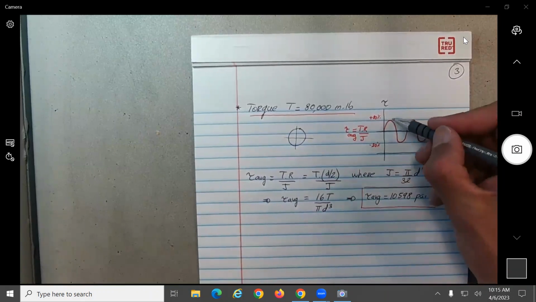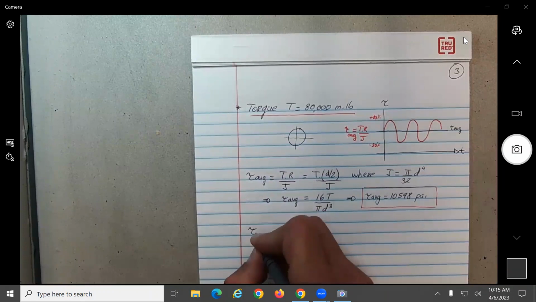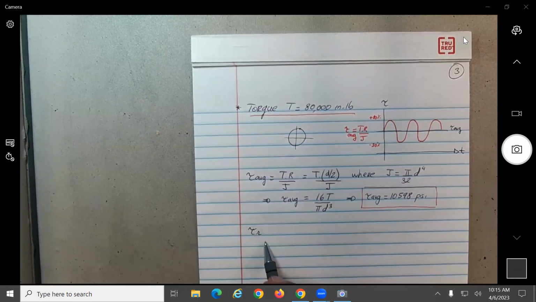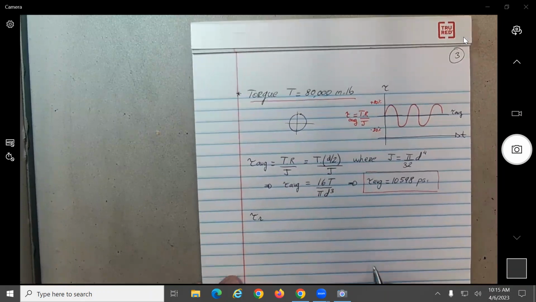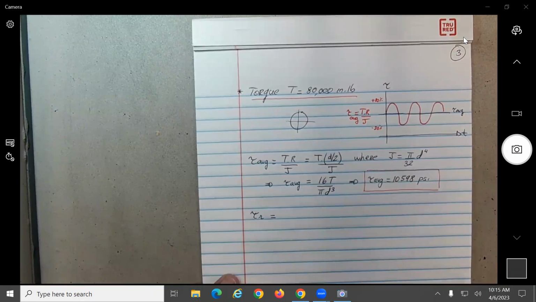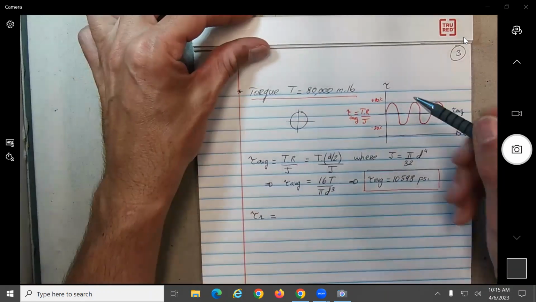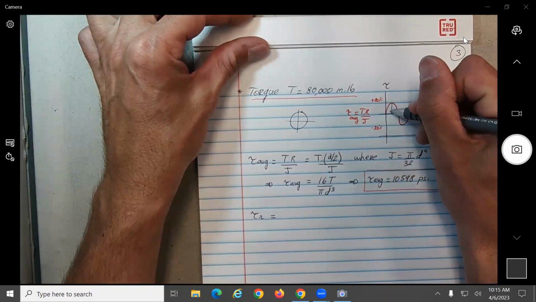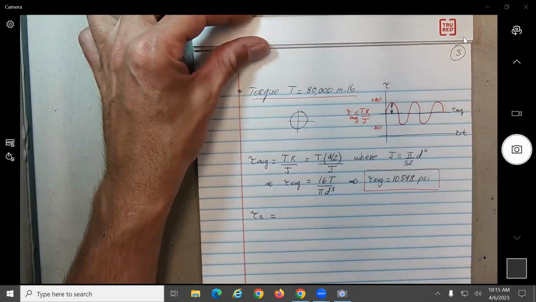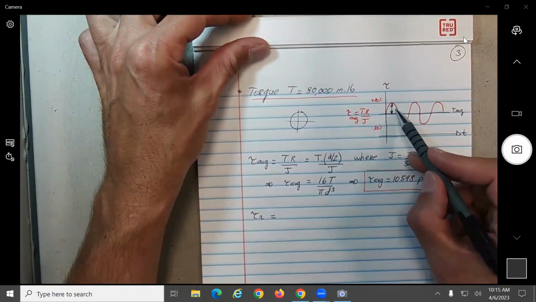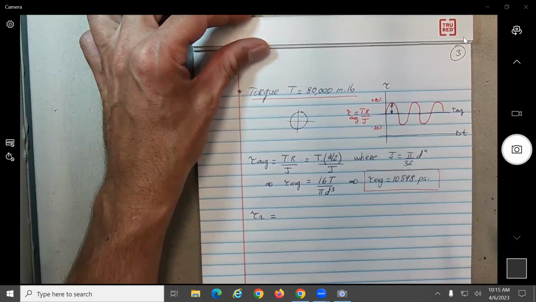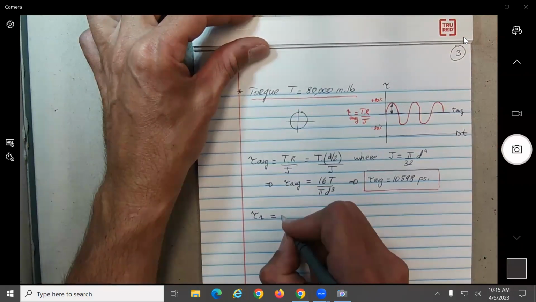Okay, so now we did this. Now we need to find the sigma sub r in our equation, which would be the fluctuating or the reversed or whatever you want to call it. What do we know? How much is that one? It's simply 20%, no? So what can you do?